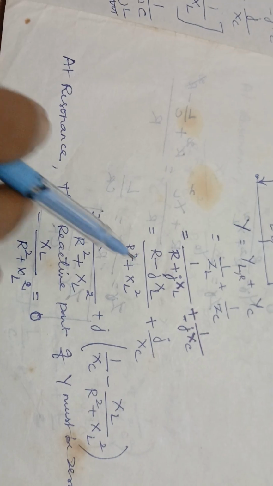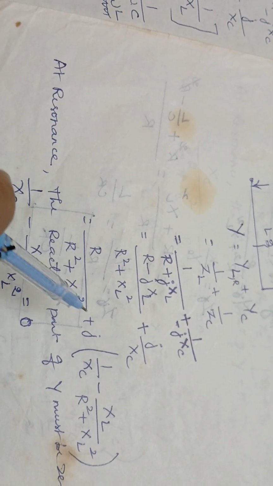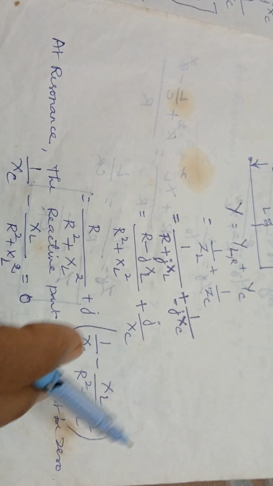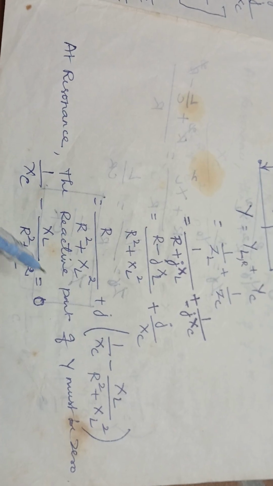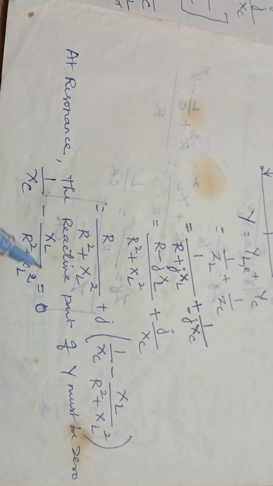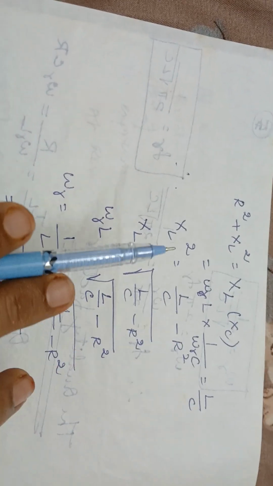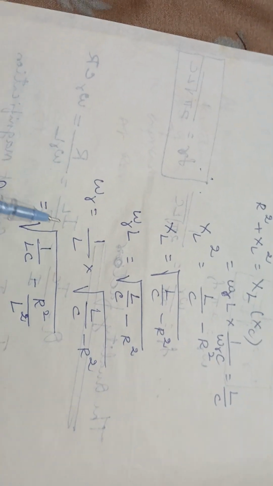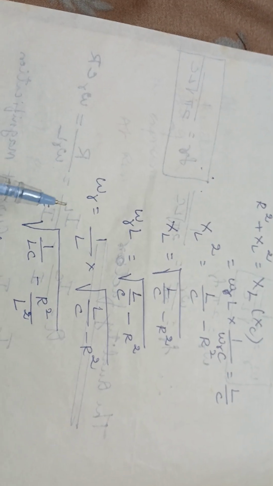At resonance, this is the active part, and the reactive part we are making 0. So the reactive part of the admittance is made 0. When we make it 0, we equate it and find the value of omega r.